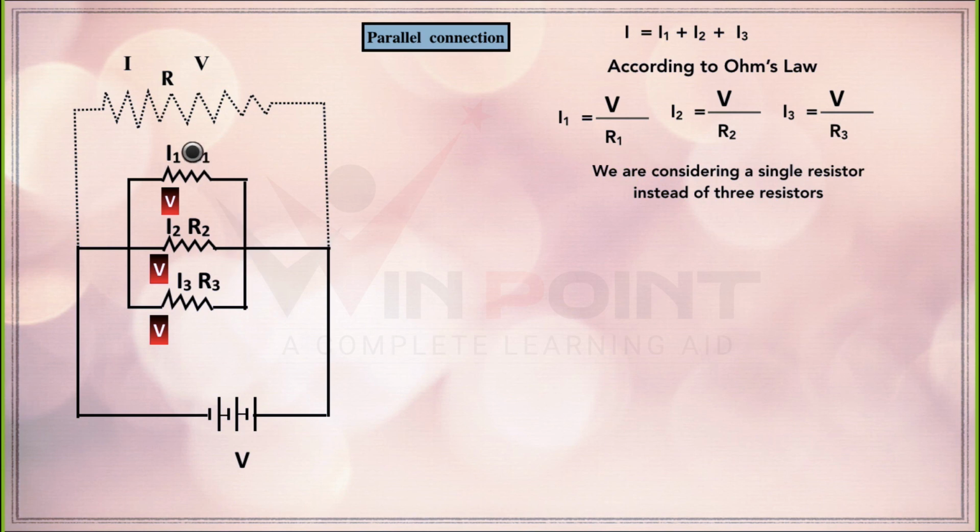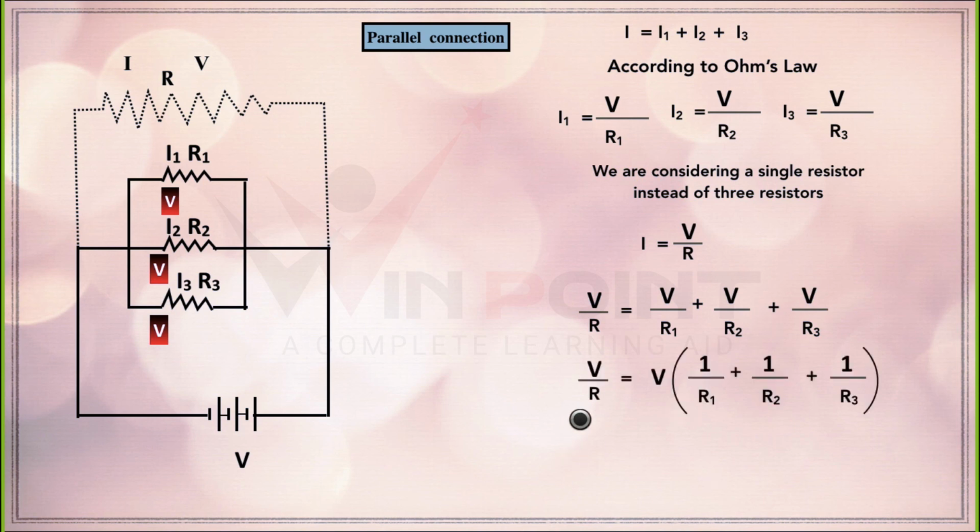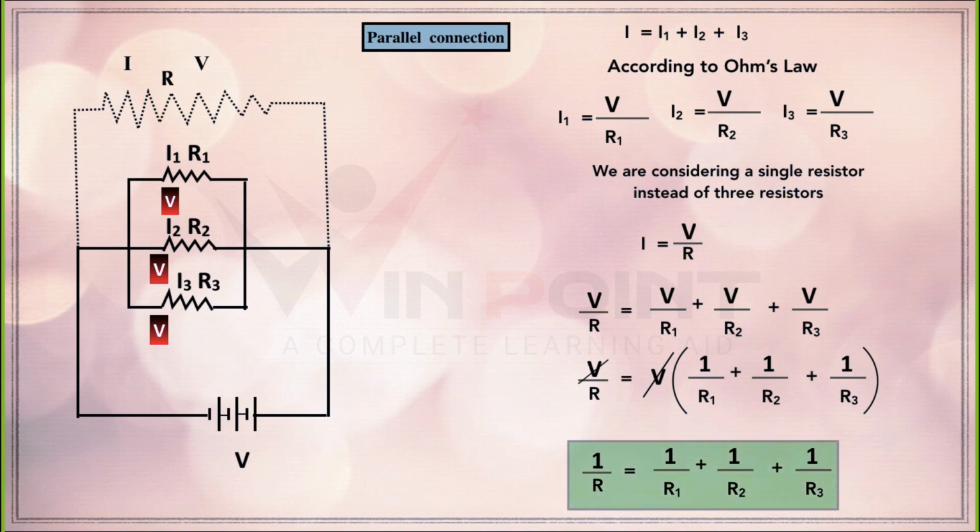Now we don't have these three resistors, only a single resistor, so I equal to V by R. Substituting in the equation, it will be V by R equal to V by R1 plus V by R2 plus V by R3. V is common, so we take it out: V by R equal to V into 1 by R1 plus 1 by R2 plus 1 by R3. V and V cancel, then the equation will be 1 by R equal to 1 by R1 plus 1 by R2 plus 1 by R3.